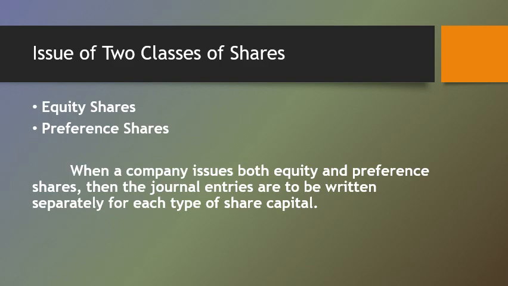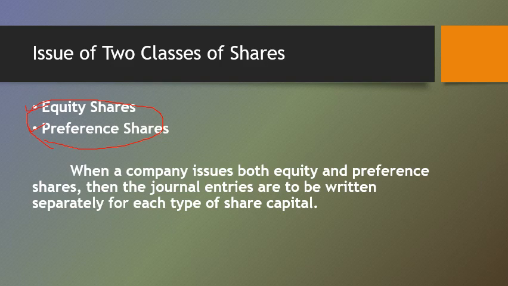Next, issue of two classes of shares. What are the two classes of shares? Yes, equity shares and preference shares. The company can issue both equity shares and preference shares. Whenever companies issue both these classes of shares, they have to pass the journal entries separately for each class of shares.